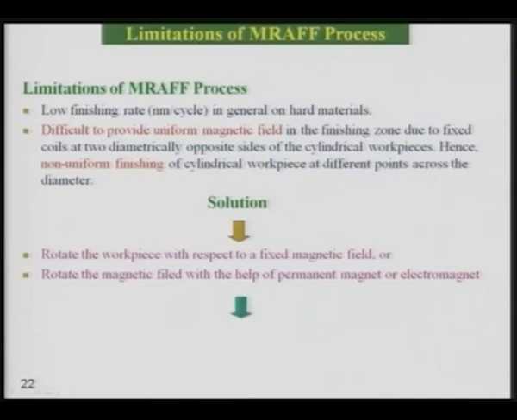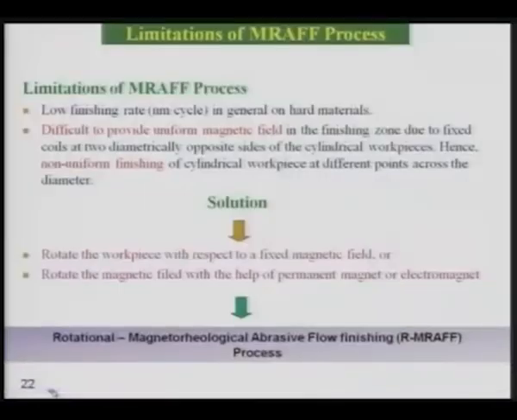Another point to note here is that normally people use electromagnets, but it is difficult to move or rotate an electromagnet. So in place of the electromagnet we used permanent magnets, so that the magnets can be rotated. If you are rotating the magnet, then the medium will be rotating with respect to the workpiece.